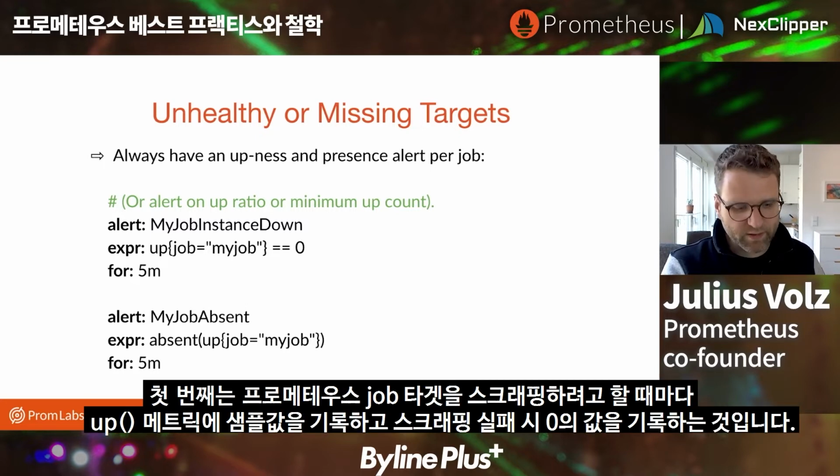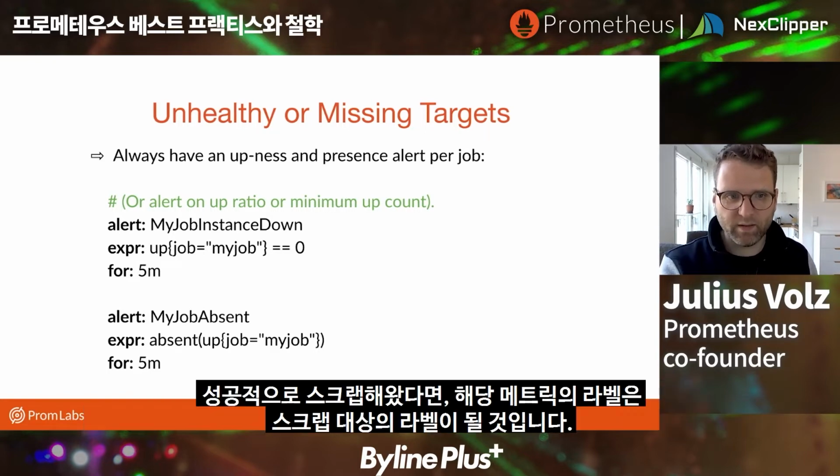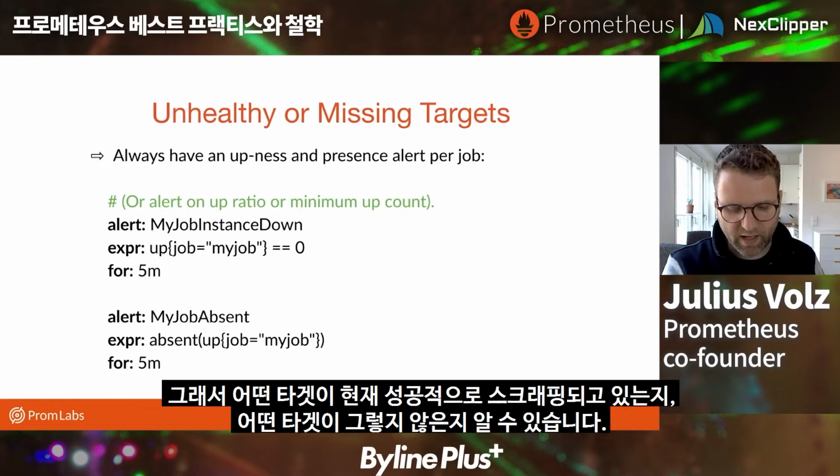The first one is, whenever Prometheus does try to scrape your job targets, it records a sample with the metric name up and the value of 0 when the scrape has failed, and 1 if the scrape was successful. And the labels on that metric will be the labels of the target that was being scraped. So you can tell in detail which target is currently being successfully scraped and which one is not.